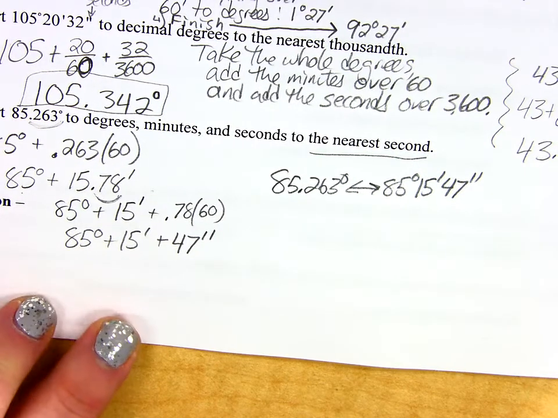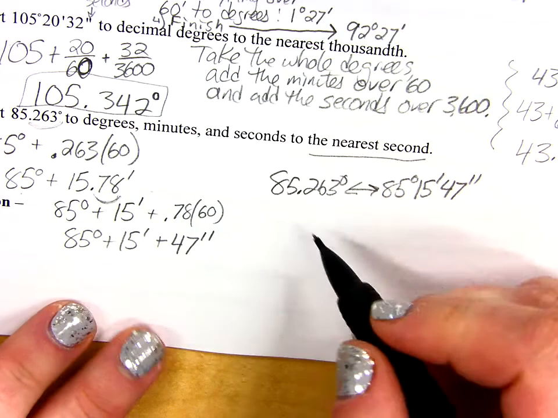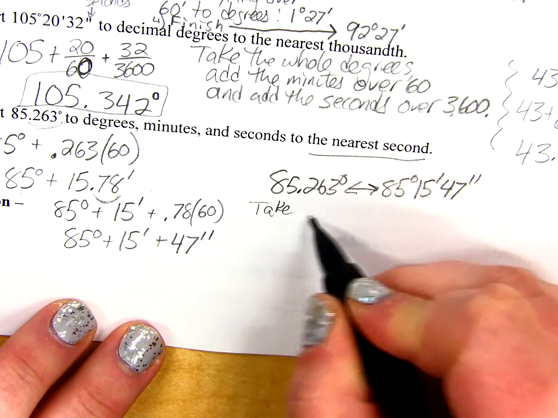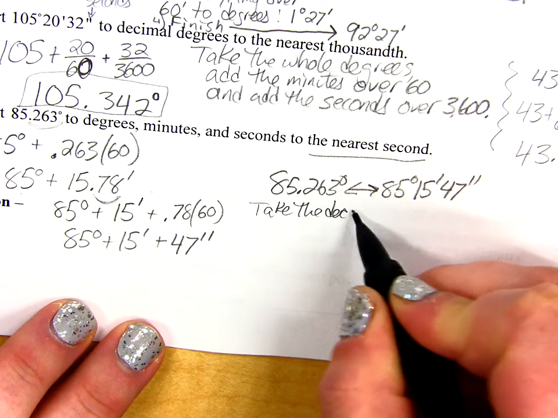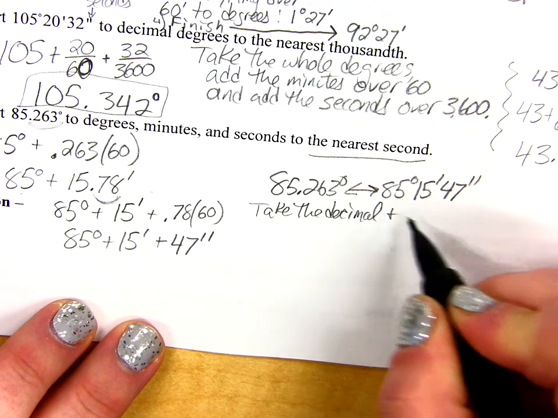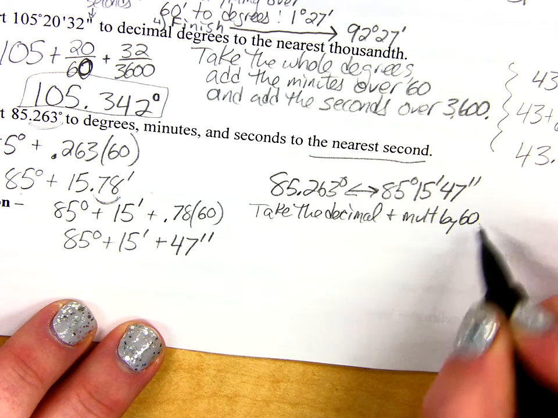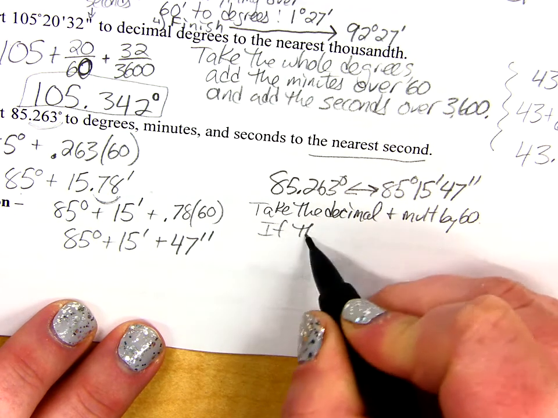So to summarize, we're going to take the decimal and multiply by 60.